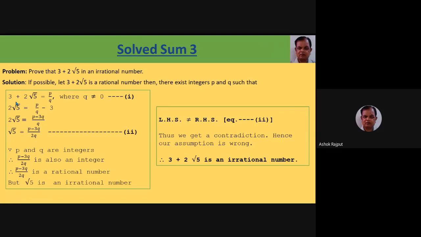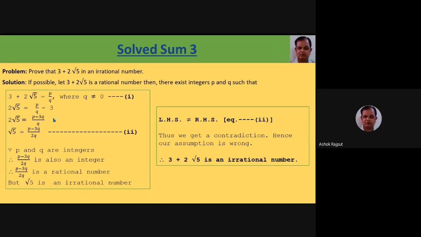As it is given, 3 plus 2 root 5 equal to, we let it be p by q, where q is not equal to 0. So we have transposed 3 to the right side. If we transpose any term, then we change the sign. Then it is written here 2 root 5 equal to p by q minus 3. We have taken LCM, LCM is q. Then here we can write 1 also, but it is not compulsory.